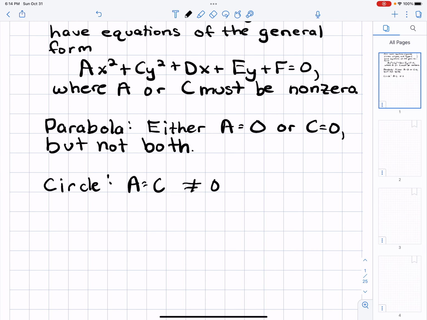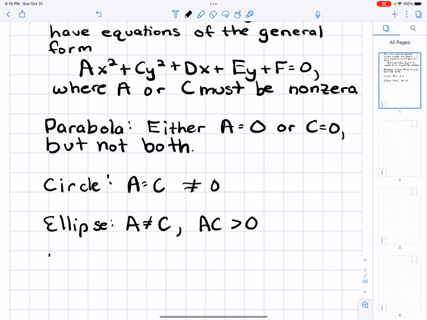For an ellipse, a is not equal to c. And if you multiplied a and c together, that would be greater than 0. So an ellipse, unlike a circle, you'll have the x squared and y squared in there, but the numbers in front of those are different. And when you multiply those two numbers together, they have to be positive to be an ellipse.